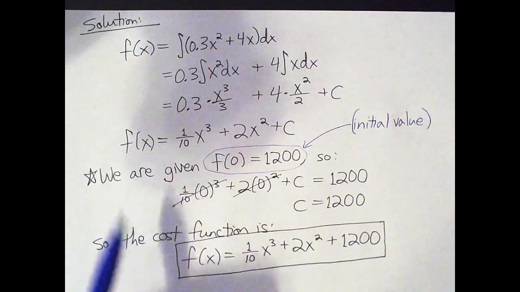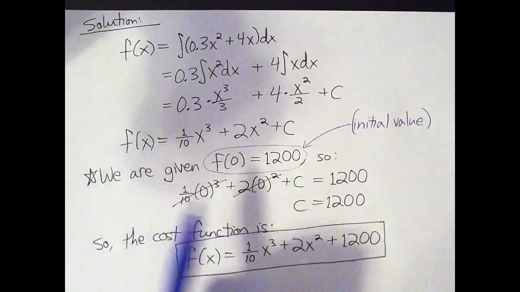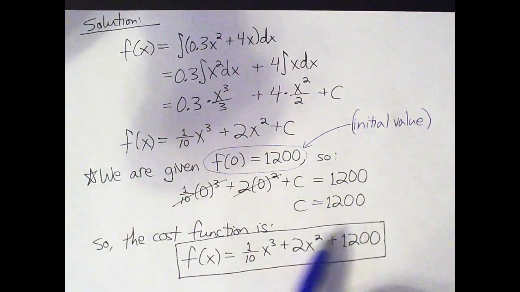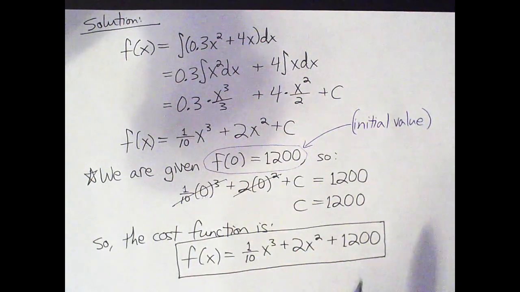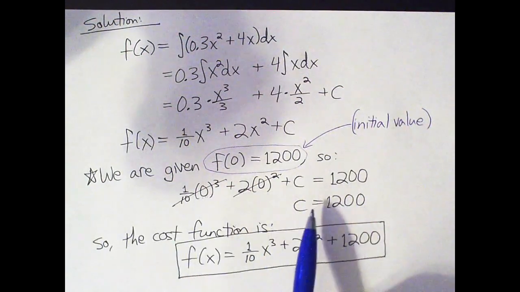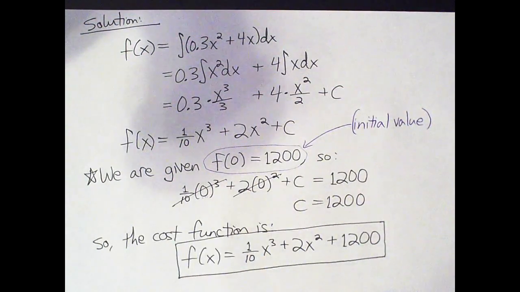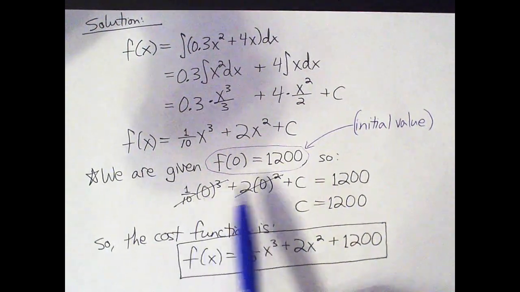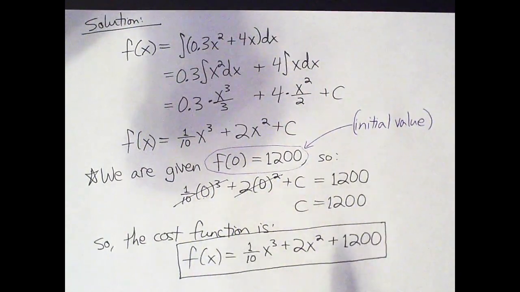And you put it in after you've already integrated. That helps you find what c is, and then you write your final answer. It's the answer we found above with the c value that we found. Now in this problem, this stuff canceled out, and c wound up being 1200. C is not always going to equal exactly what the problem said, but it worked out that way because these things canceled.